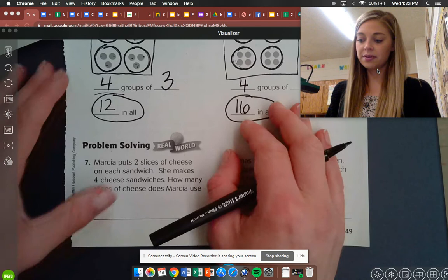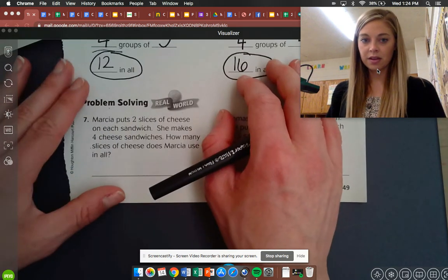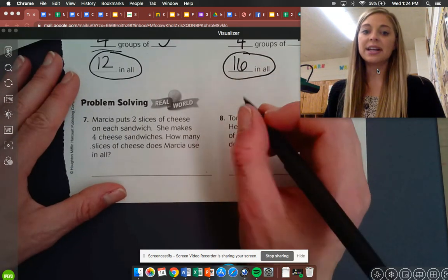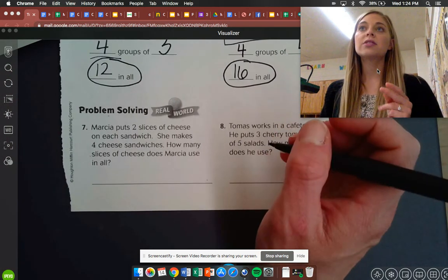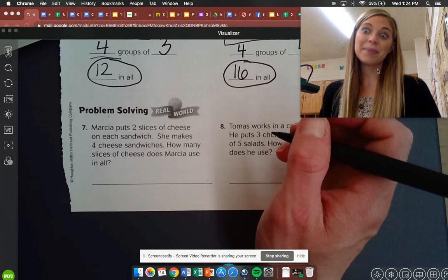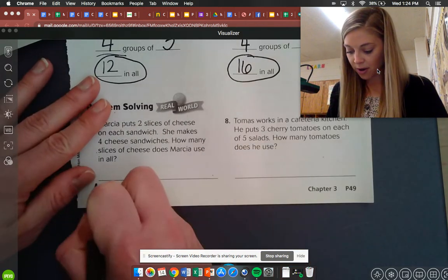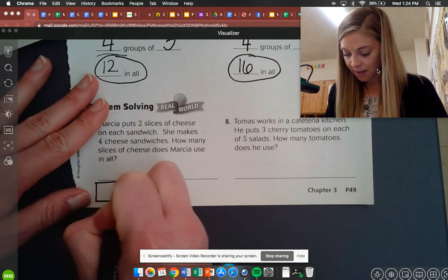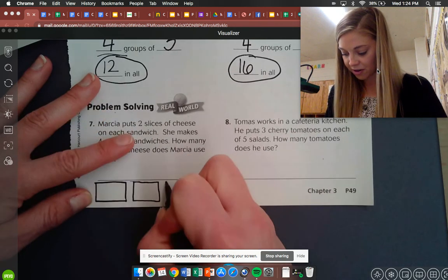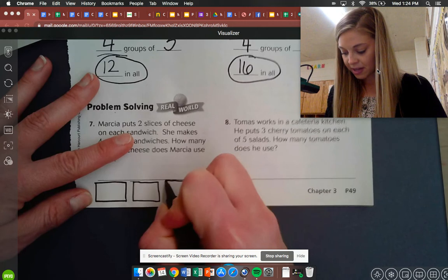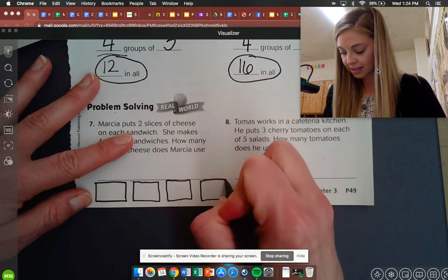Okay, so 2 slices of cheese on each sandwich, and she makes 4 sandwiches. So the sandwiches here are going to be my groups. So I'm going to draw 4 little rectangles to represent a piece of bread for a sandwich because she's making 4 sandwiches.